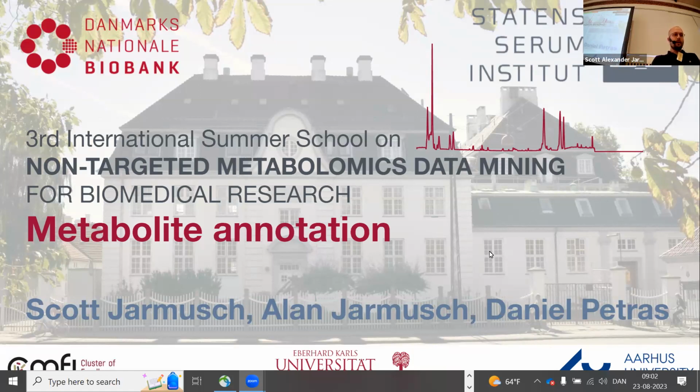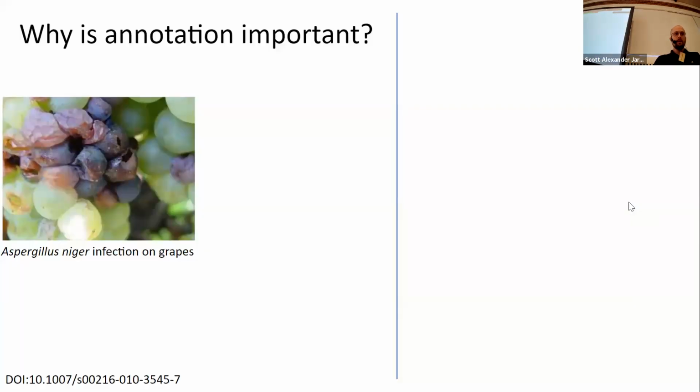So first thing is, why is annotation important? For instance, you might not have any idea what's in your data. In one case that we work with a lot at DTU, we characterize mycotoxins in infections on fruits or other food products.